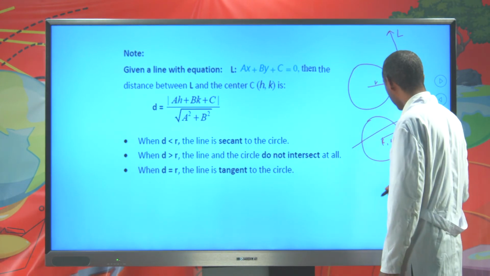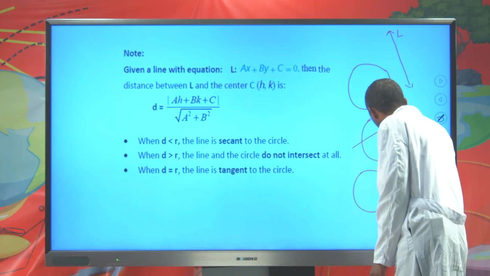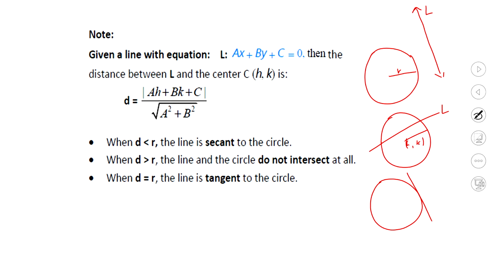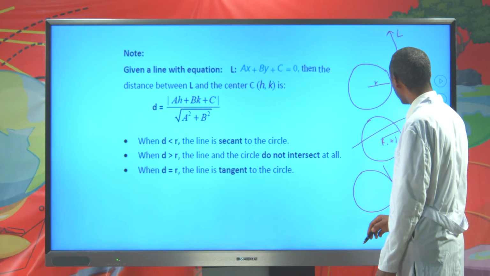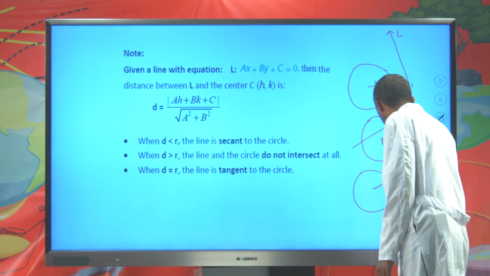And the other case is, you may have a circle and a line, and they may intersect at exactly 1 point. So in that case, we call it the tangent line. And this point, we call it the point of tangency. So the radius is here.